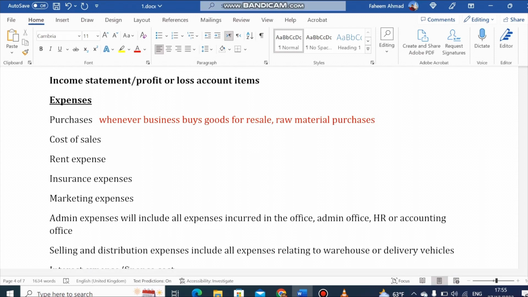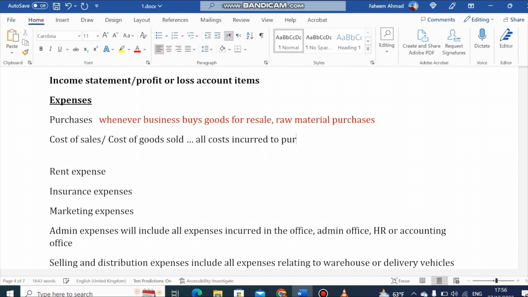Then we have cost of sales. Cost of sales is also known as cost of goods sold. All costs incurred to purchase or manufacture goods is cost of sales.